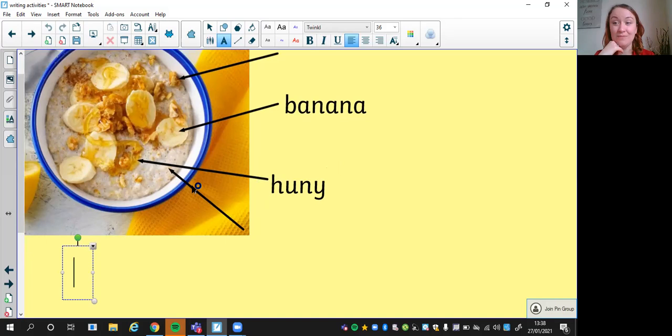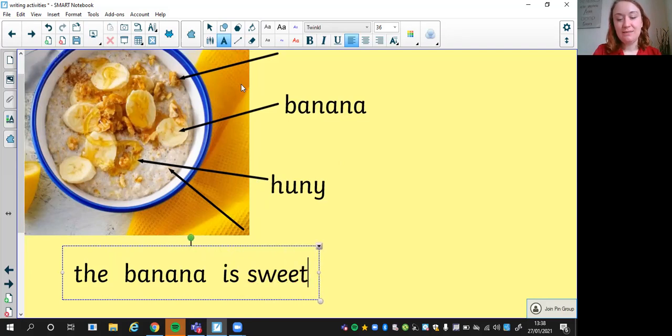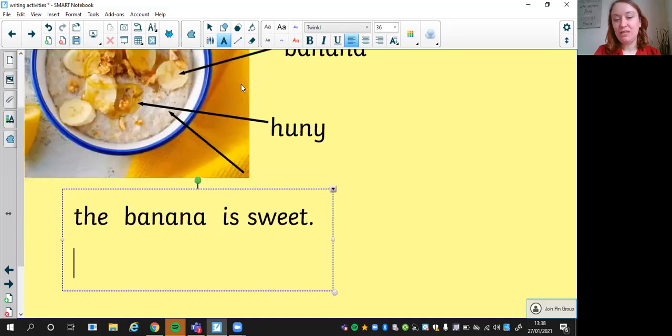Can you remember? T-H-E, the. You could tell me the, and I'm going to borrow my spelling, I'm going to magpie it because I can see it up there. The banana is sweet. The banana is sweet.